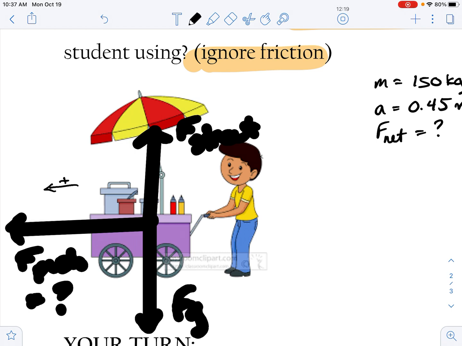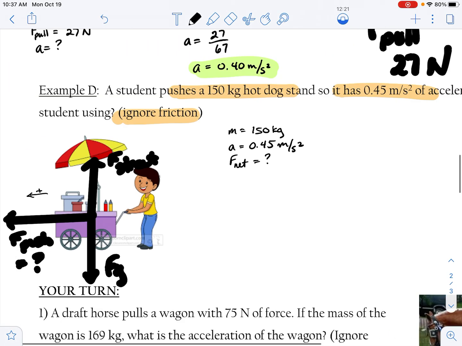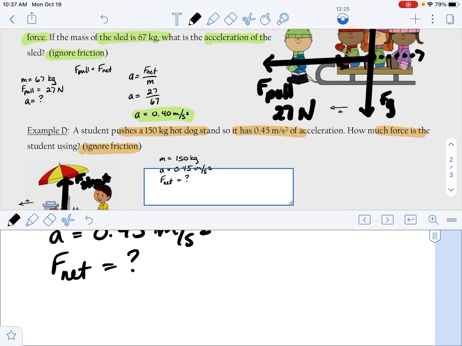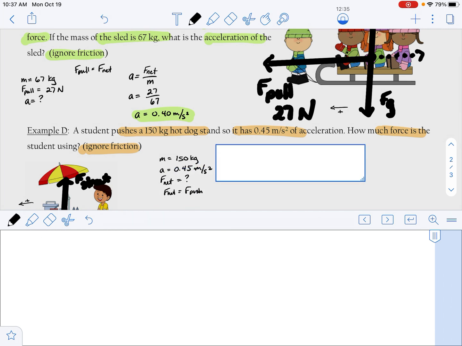Okay? So let's come back over here and decide some stuff. So again, because gravity and the street cancel each other out, my net force is going to be equal to my pushing force. So if I can solve for the pushing force, I'm good. So net force is equal to mass times acceleration.